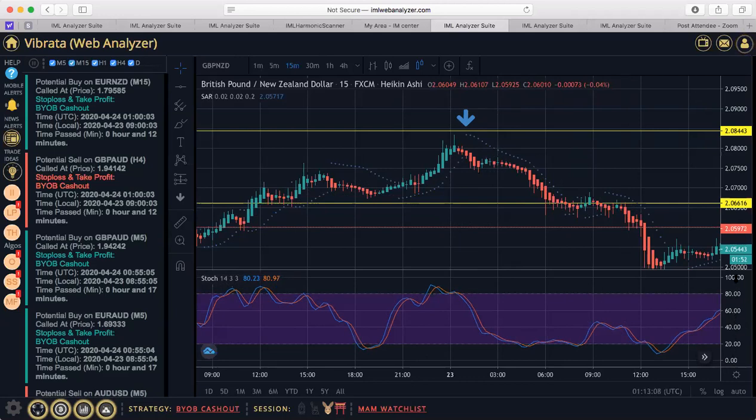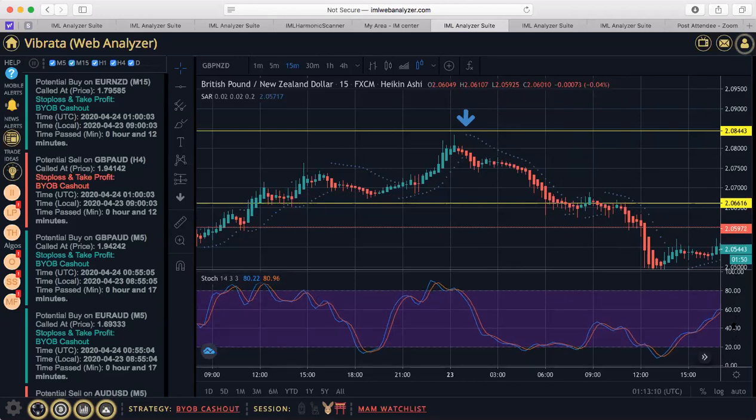Notice that this runs from 0 to 100. You're looking around 20 to 80, basically this shaded area, where you have the 80 and the 20. If it's around the 80, I'm looking for a sell, but I need that crossover and cross down, and that's going to happen first.